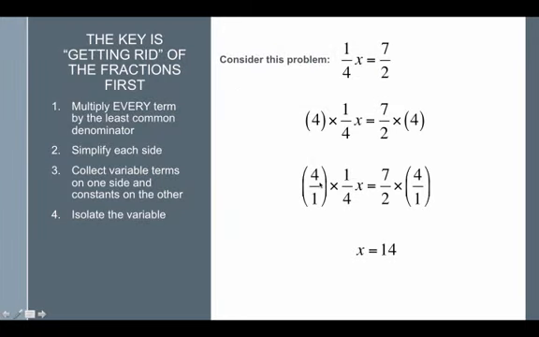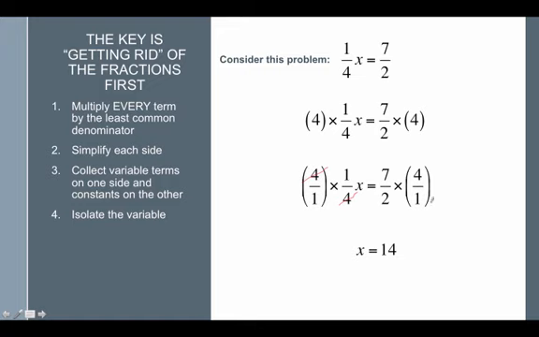So how are we simplifying the fractions? Let me grab my pen, and I'm going to choose a color. We got red. The 4 right here divides into 4 one time, and so I can cancel them. You might remember this as cross-canceling.